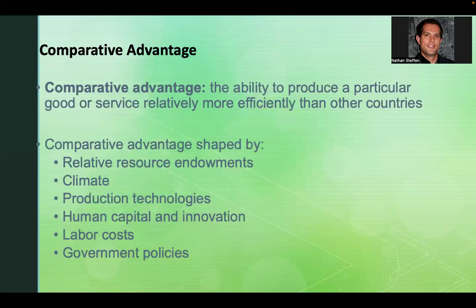Comparative advantage is an area that can emerge for a number of reasons. The United States traditionally has a comparative advantage in agricultural production, especially grains and meat. This is due to a combination of favorable climate, cheap land, a lot of land, resource endowments, right, and extensive agricultural technology.